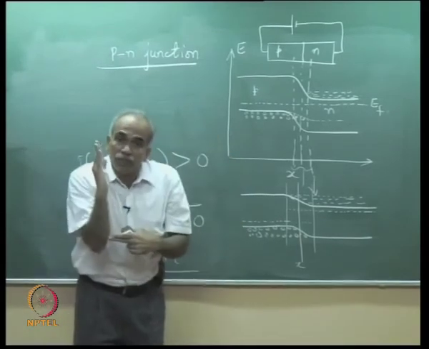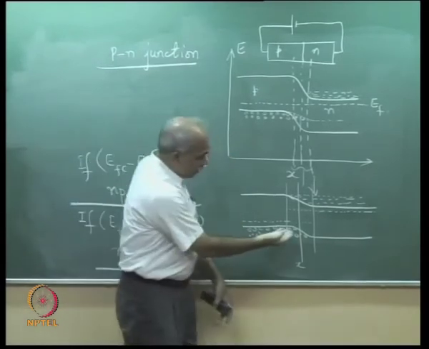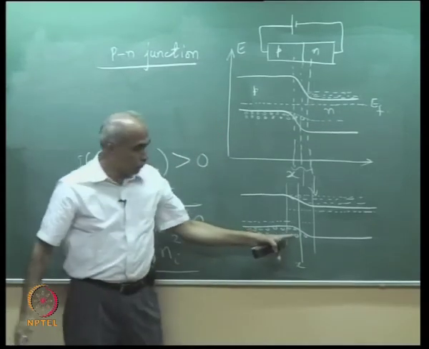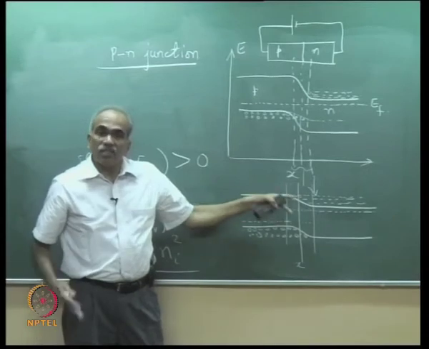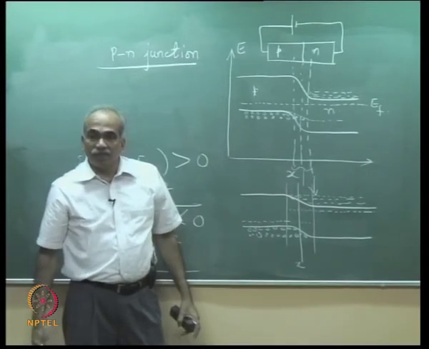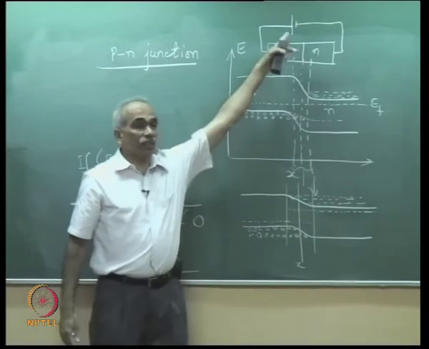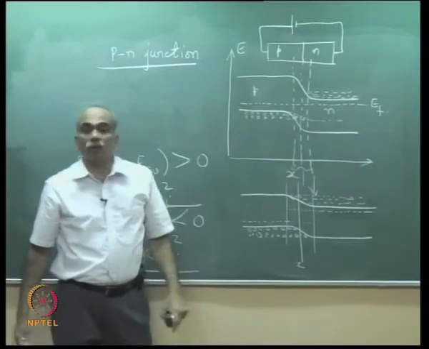Means at the same physical position, you have simultaneously a large number of holes and a large number of electrons. This is quasi-equilibrium. This has come up because of the external power source, because of forward biasing.